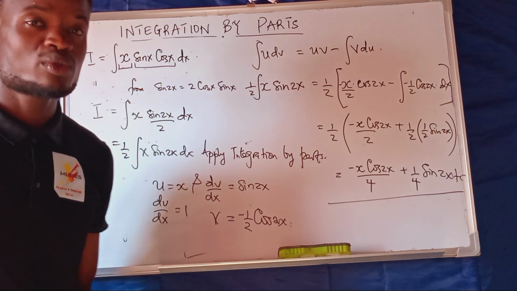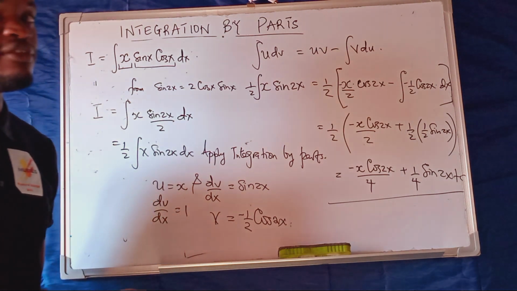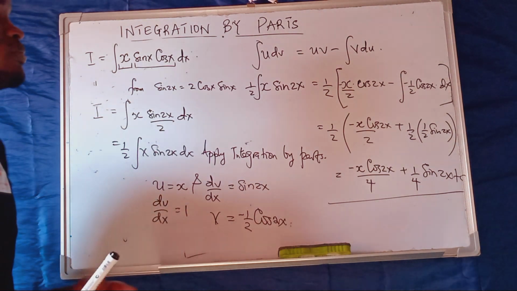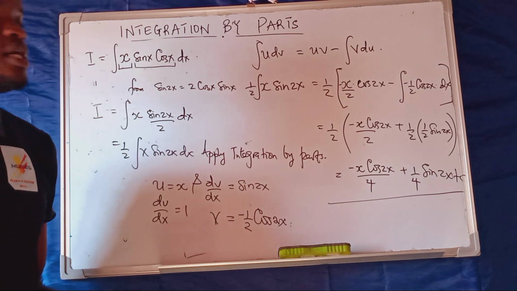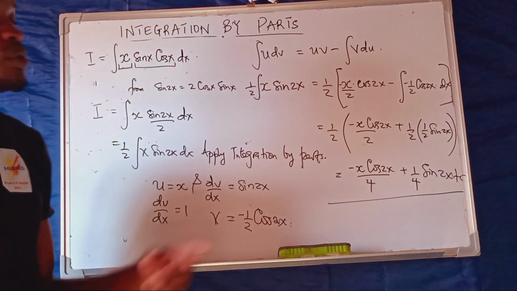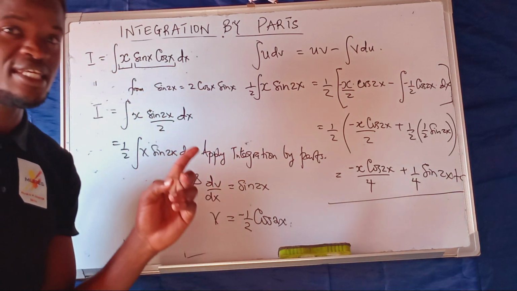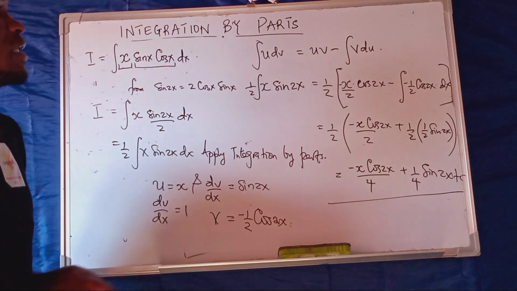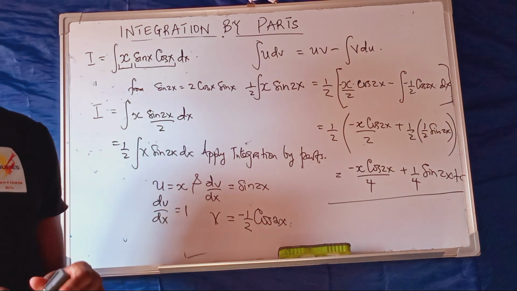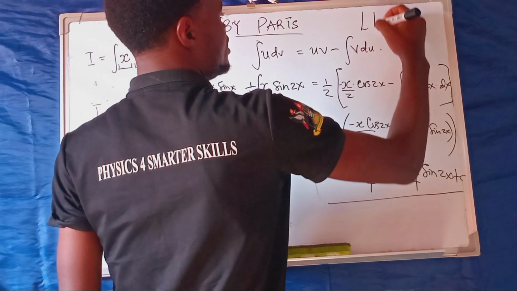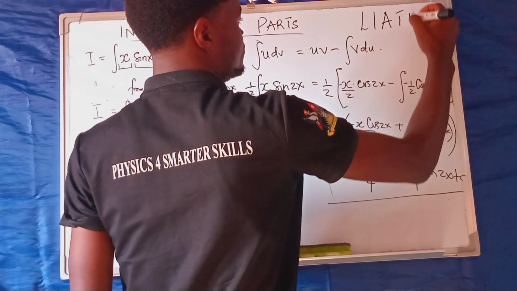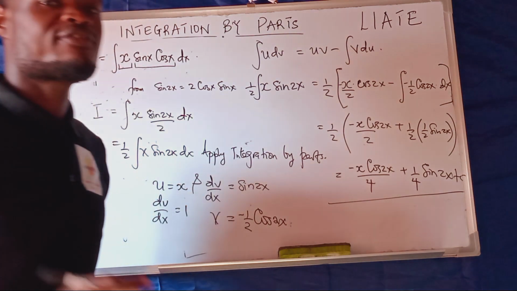Integration by parts will always require you to identify the type of integral given to you. Usually you have two functions, they are different, and you have to choose the u and you have to choose the dv dx. And I'm going to give you a simple technique. How do I choose my u? We always first choose a u.